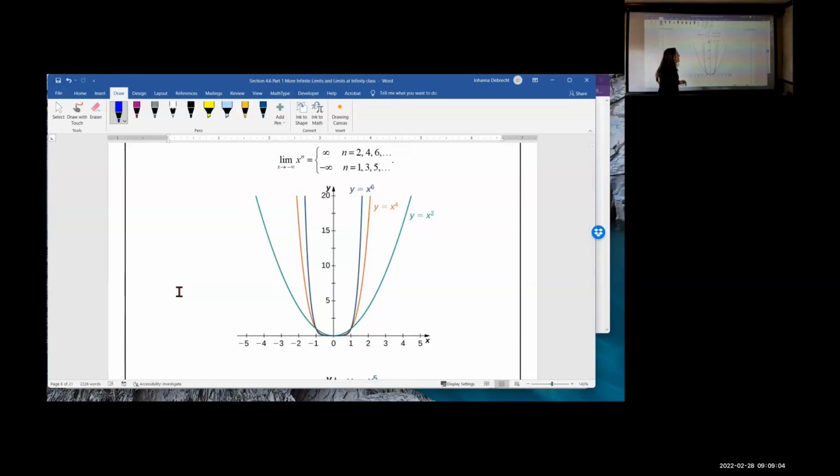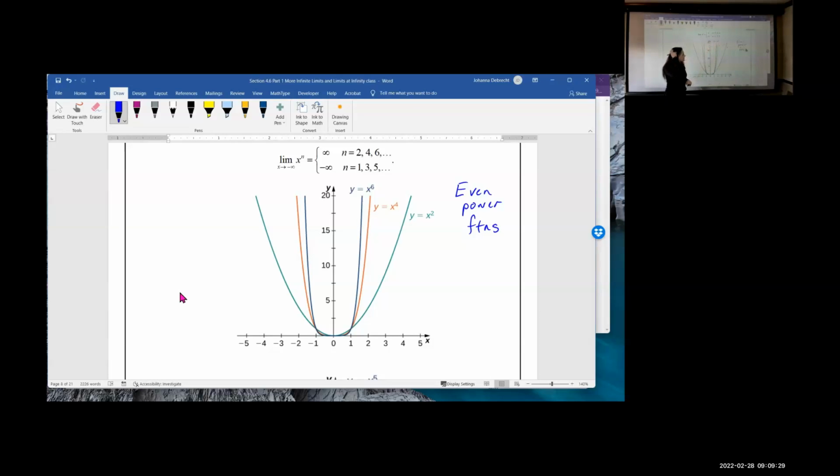So we'll start with this one right here. This one is a series of even power functions. All right, so these are all even power functions. And you can tell that they all take on the basic shape of a parabola, except as the power gets higher, they get flatter near the origin and they get steeper in their climb.